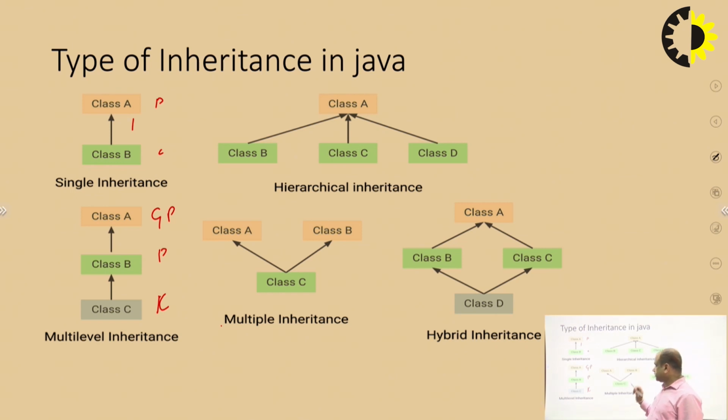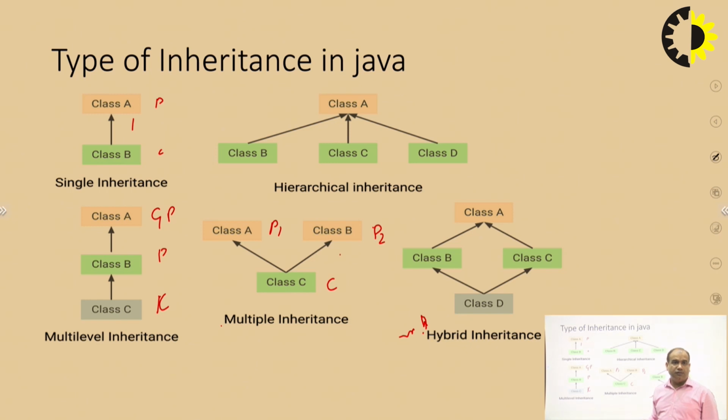Fourth one is multiple inheritance. Multiple inheritance means more than one parent class and one child class, that is, parent 1 and parent 2, and a child class which inherits the properties from parent 1 and parent 2.